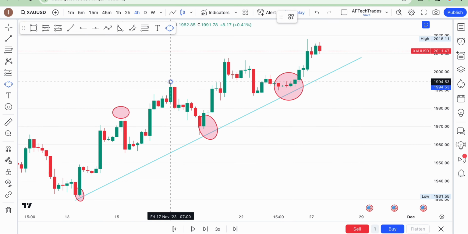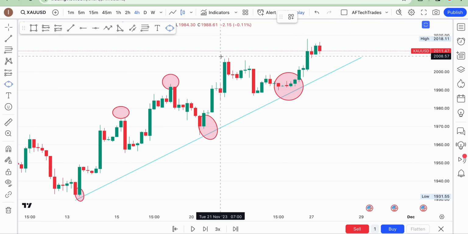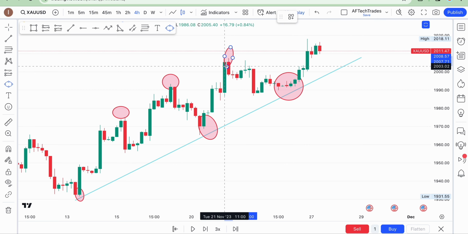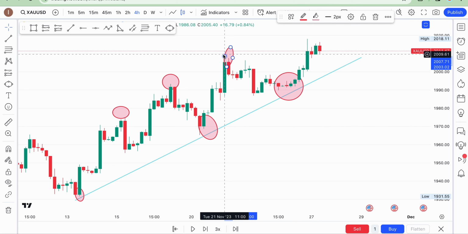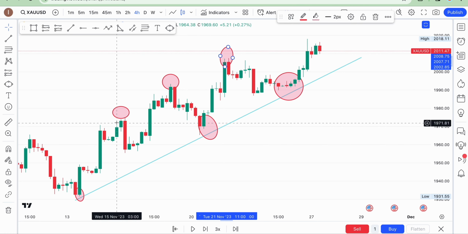You see, the market was busy forming. You remember we discussed this before, right? So all these, if you notice, they are higher than the previous ones.